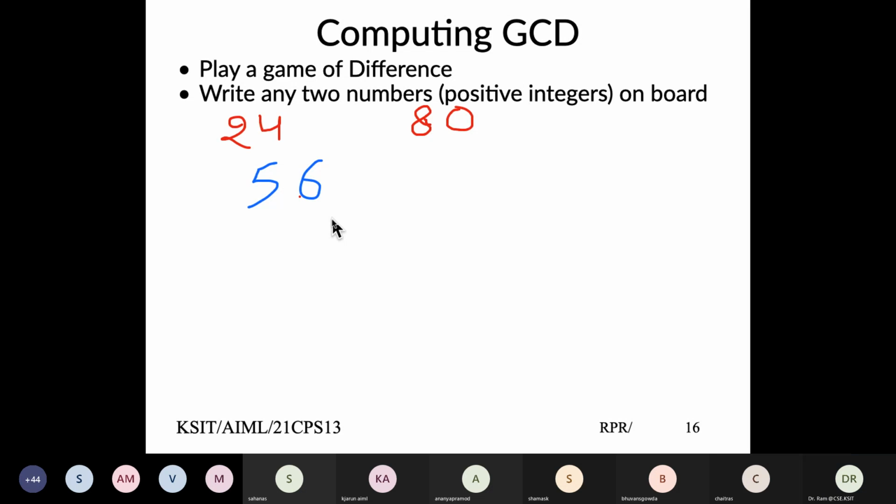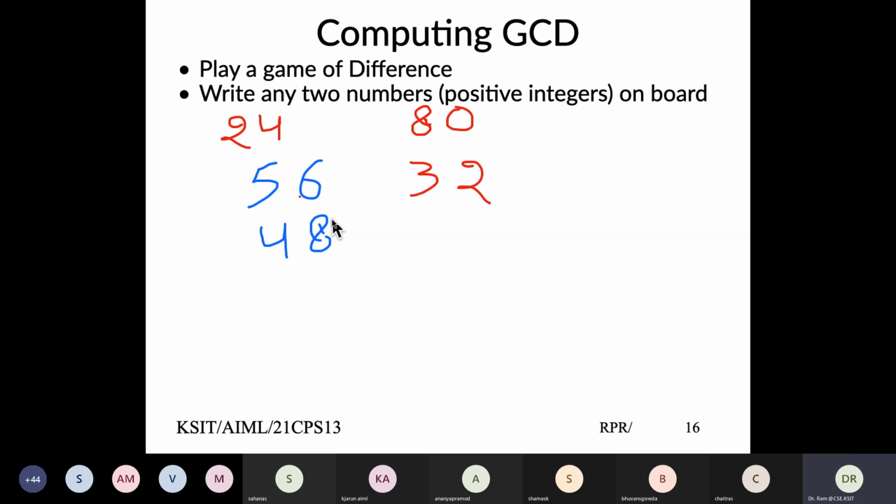Can you give me the difference? 24. Difference 24 is already there. Okay, sir, 32. How do you get that? Which is 56 minus 24, 32, right? Now I'll take 80 minus 32, which is 48.